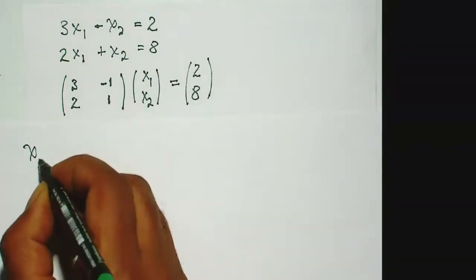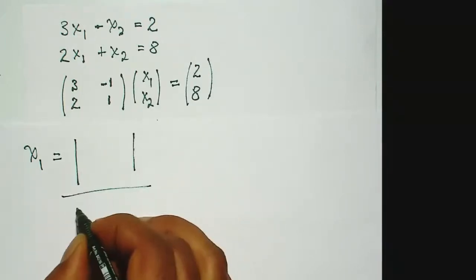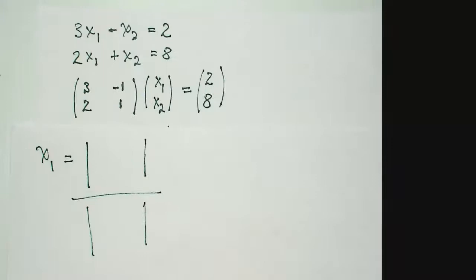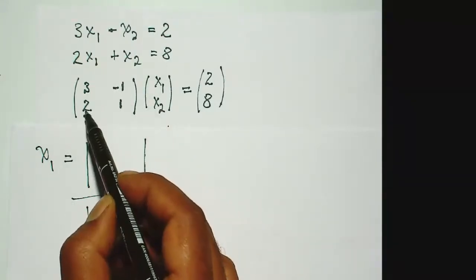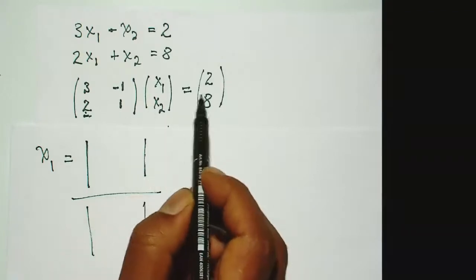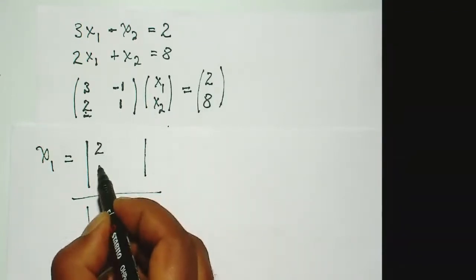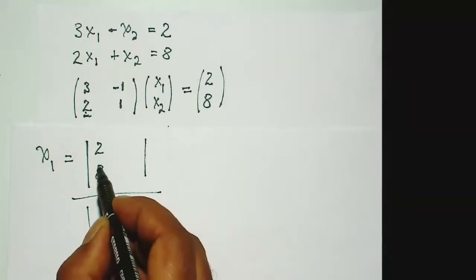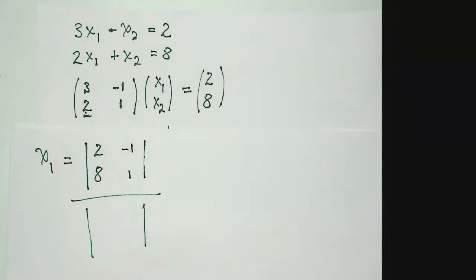For x1, we would like to develop the determinant matrices first and then try to solve them. As I have said, the two coefficients of x1 are 3 and 2, so I would replace them with 2 and 8 in our numerator, and then minus 1 and 1 would remain the same.